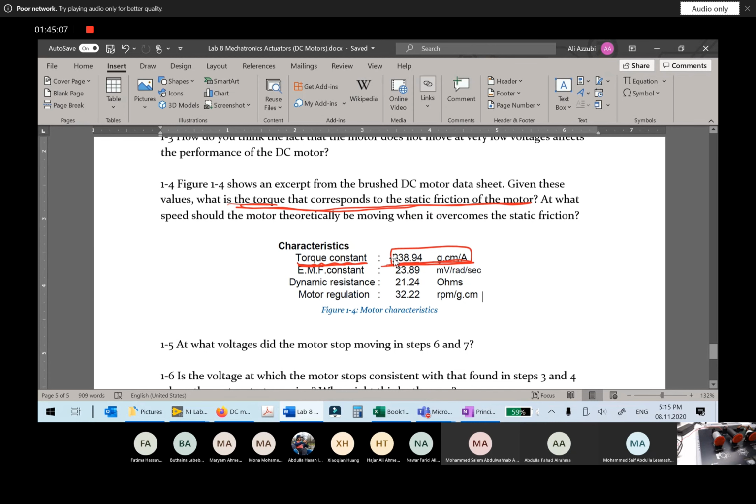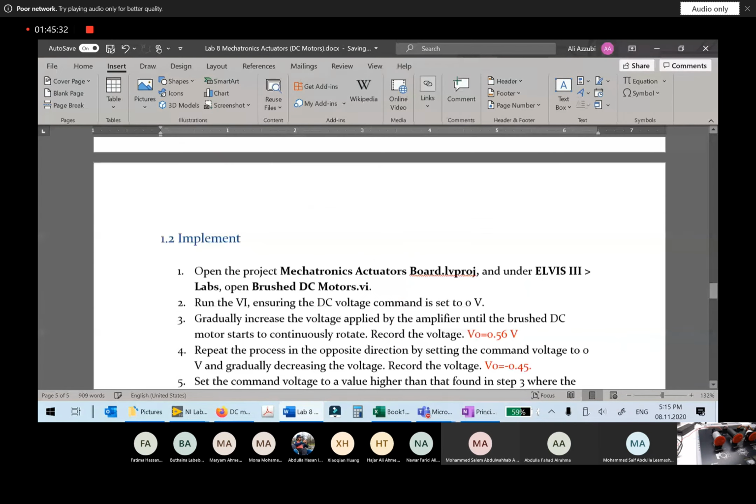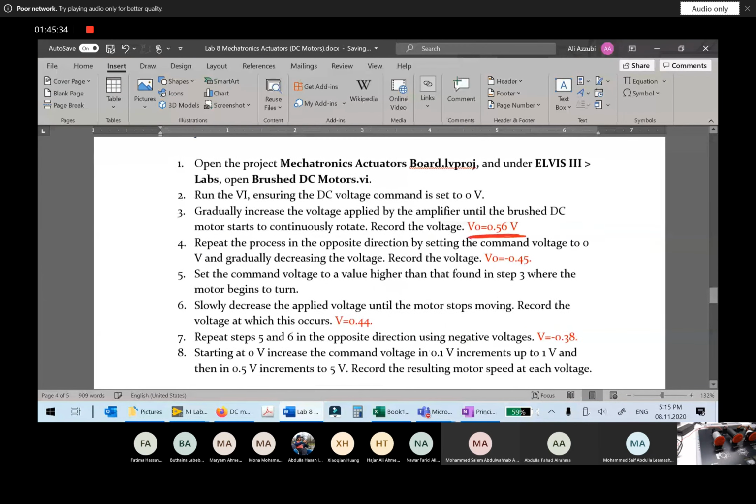Simply here, if you consider this constant, now, and consider the resistance of the motor. Now I know, okay, the motor has a coil inside, and this coil can be seen as a resistance. To overcome friction, I have to have 0.56 volts, all right, which is the measured value here.